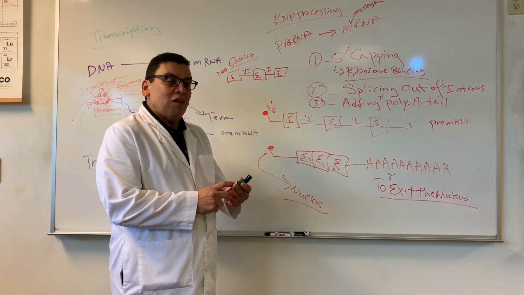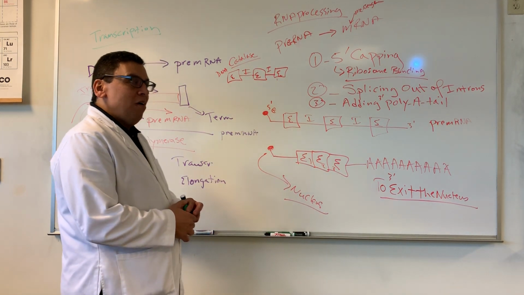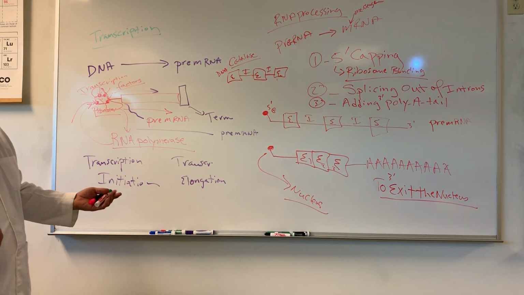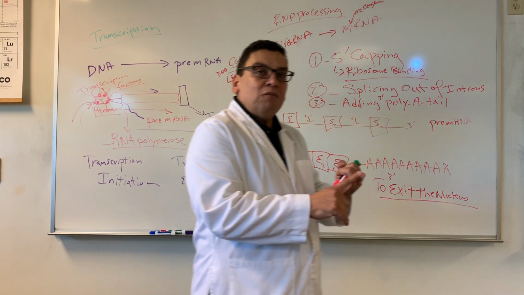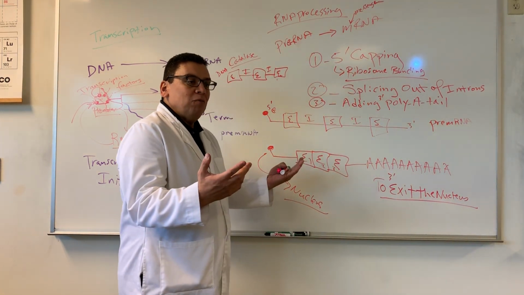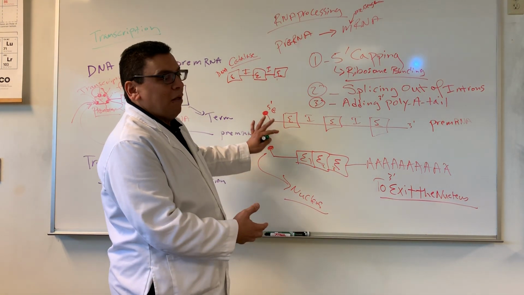That means it will not be translated. Why? Because the ribosome is in the cytoplasm. If you remember from chapter 6. Where is the ribosome? It's free-floating in the cytoplasm, and it's attached to the rough ER. Those are where the ribosome locations are. I know there's some in the mitochondria. We're not going to talk about those with this one.